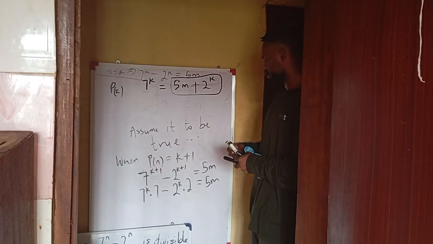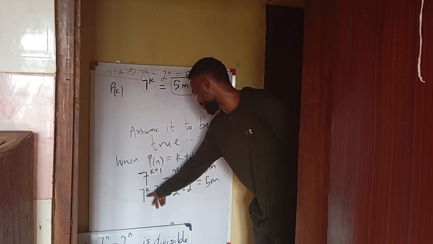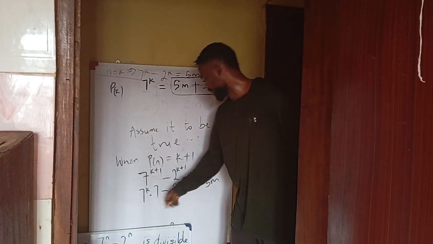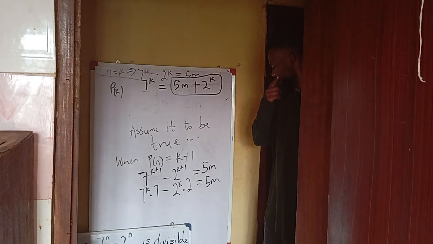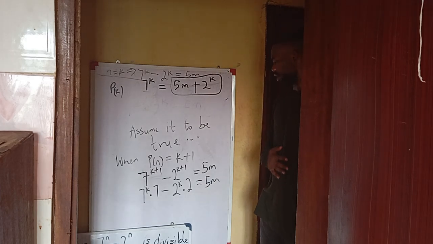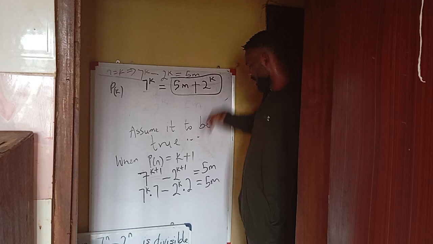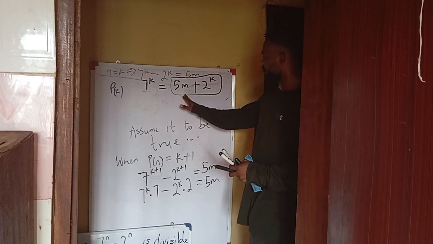Now let's check something first of all. I have 7^k, then I have times 7, then I have minus 2^k, then I have times 2. I can choose to say let's collect like terms, or before I collect like terms, let me replace this.